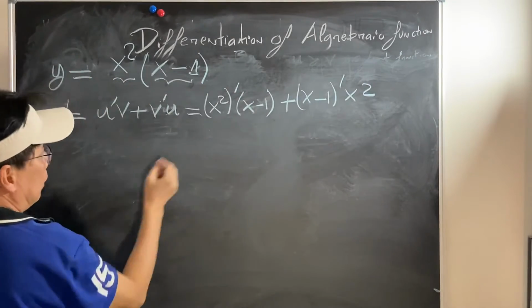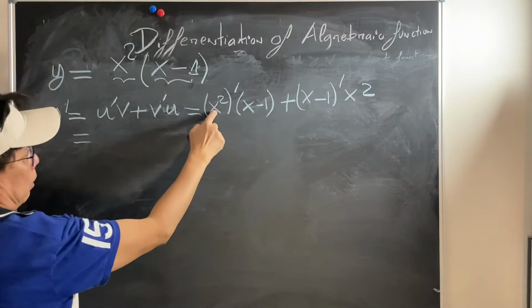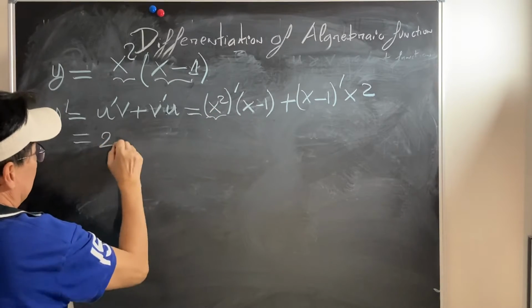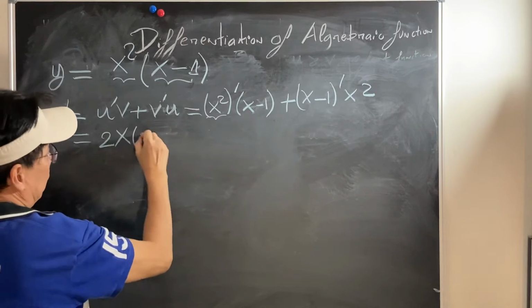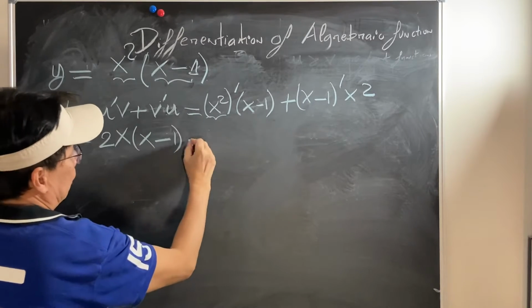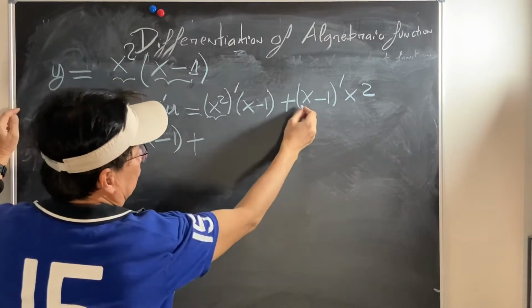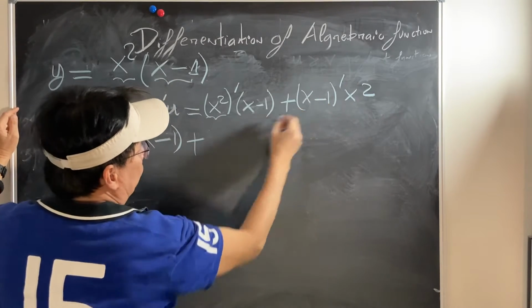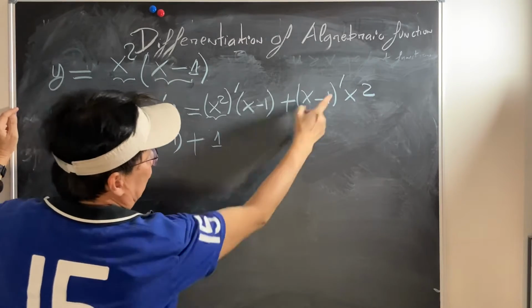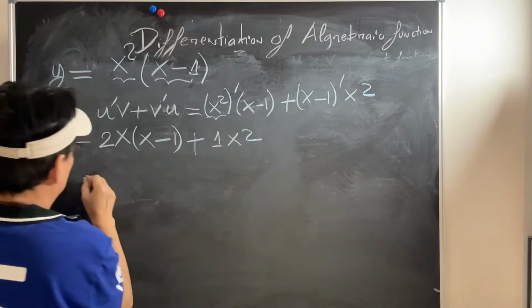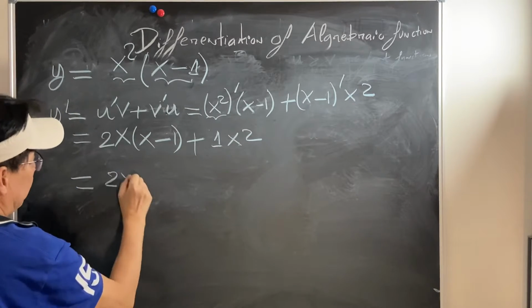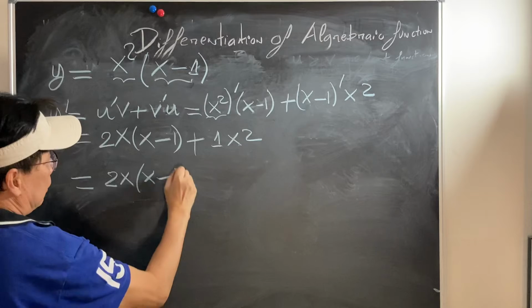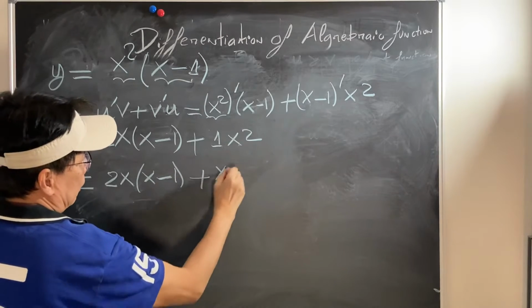The derivative of x squared equals 2x, multiplied by x minus 1, plus the derivative of x minus 1, which equals 1, times x squared. The final answer will be 2x times x minus 1 plus x squared.